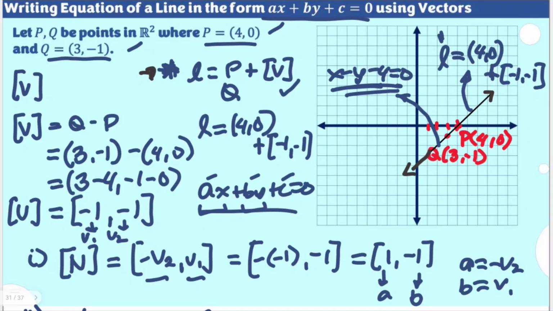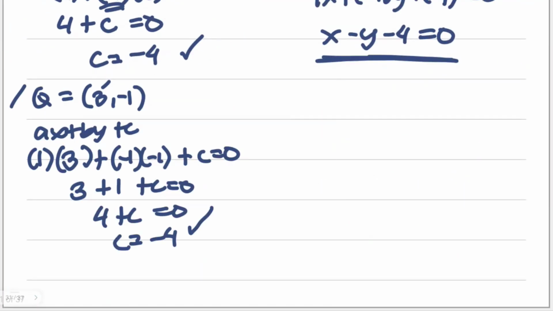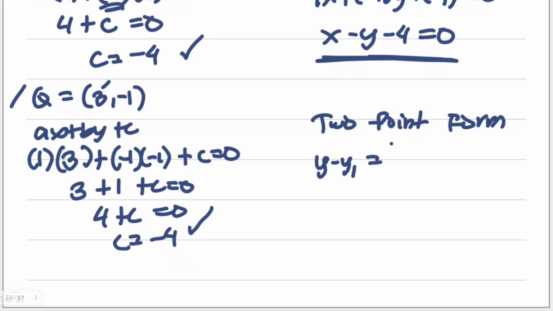By the way, you can try solving on your own using, again, the 2-point form from your high school years. If you're not asked to use vectors, definitely you can use this form. Then you have your slope, okay? But if you are restricted to use vectors, basically you're going to follow what we did in this video.